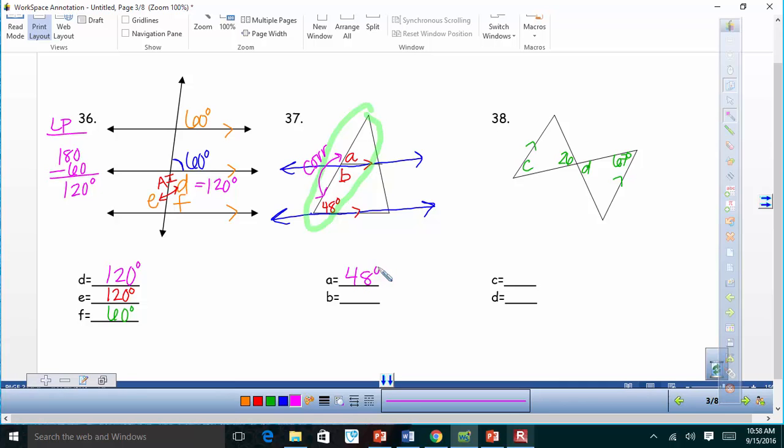What about 48 and B? They're consecutive. So that means they do what? Add to 180. So I'd have to do 180 minus 48, which would give me 132.